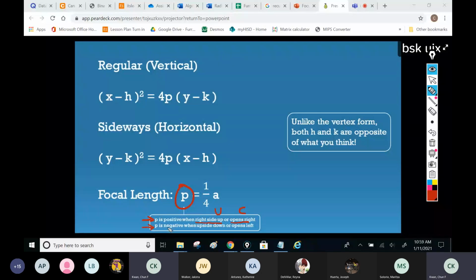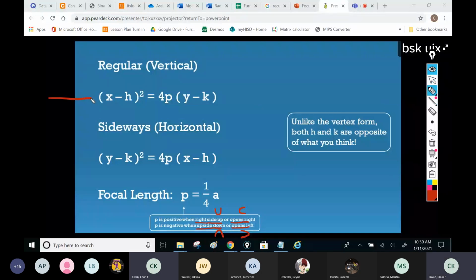And then p is negative when it is upside down or it opens to the left. So p is either positive or negative. It depends on the orientation of the graph.